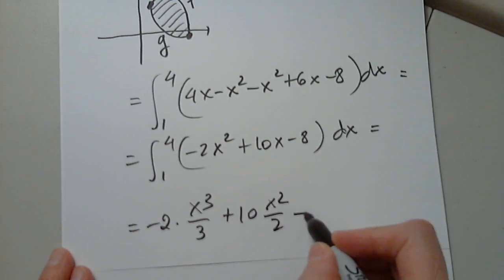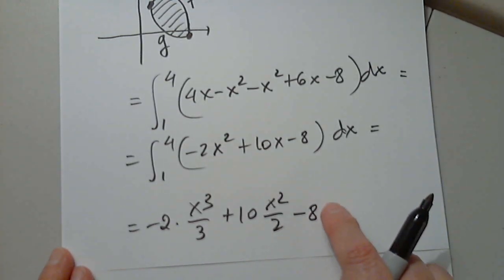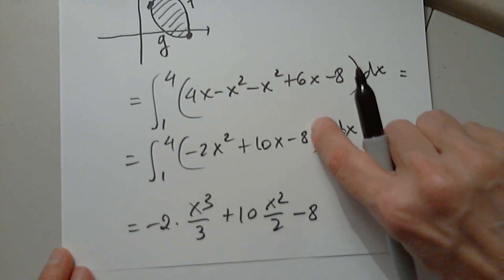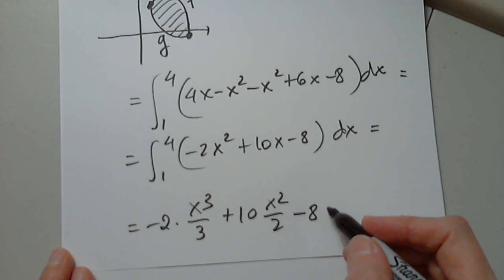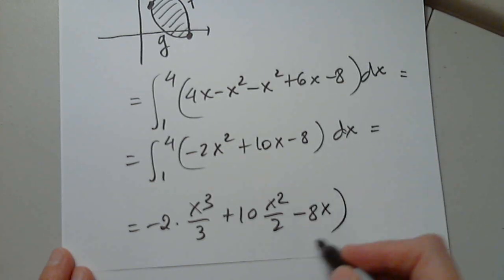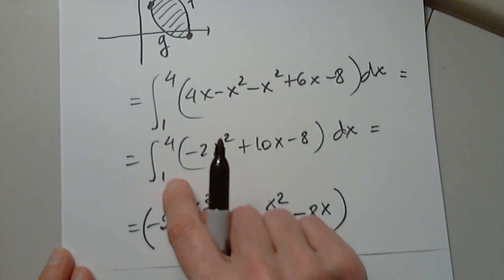Very good. And minus 8 times the function that, when I differentiate it, gives 1: x. Very good. And of course, put in parentheses from 1 to 4.